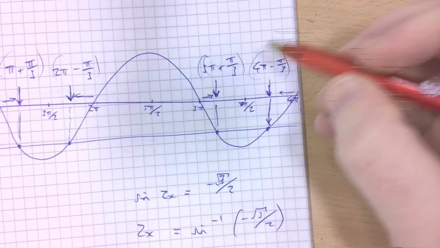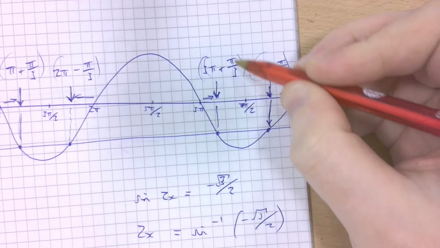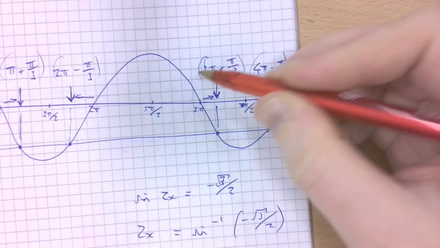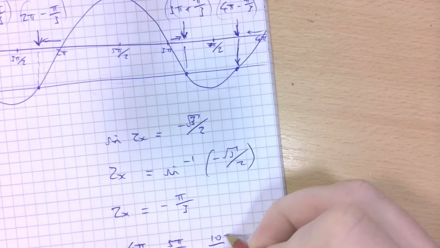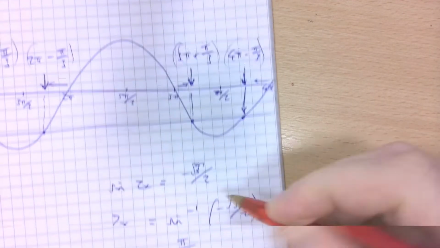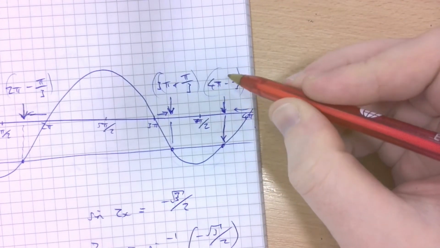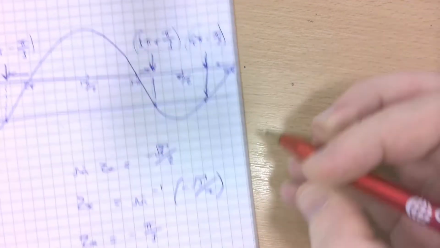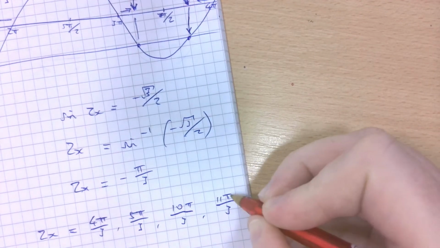And then over here, 3 pi plus pi over 3, where 3 pi is the same as 9 pi over 3, will be 10 pi over 3. And then 4 pi minus pi over 3, I can think of 4 pi as 12 pi over 3, so this will be 11 pi over 3.